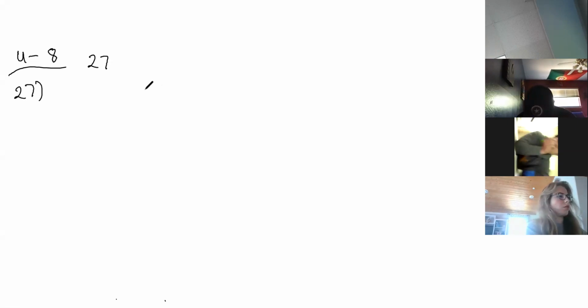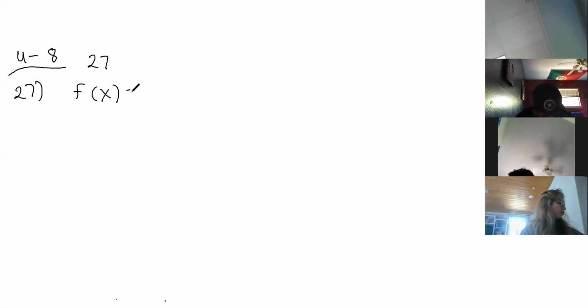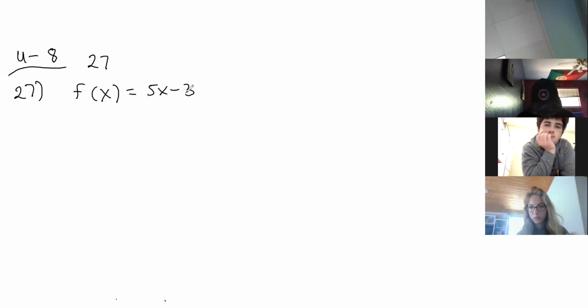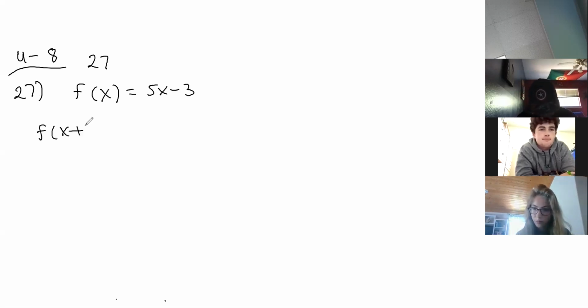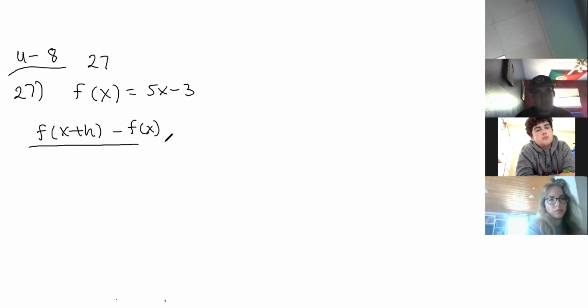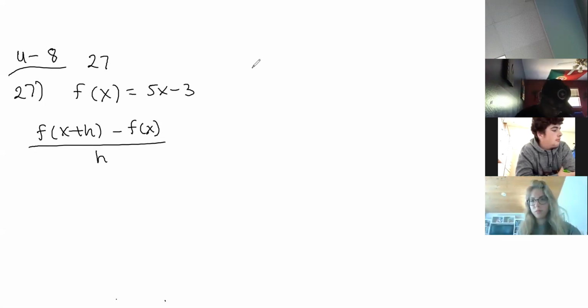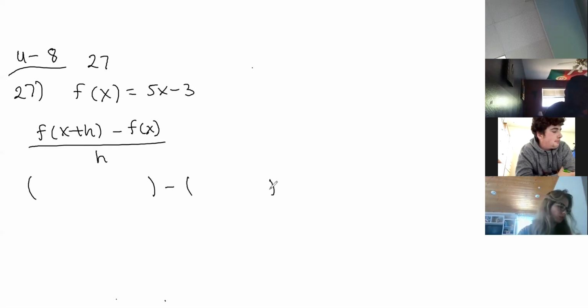That one's using the f of x function, which is 5x minus 3. And they want us to use the difference quotient, which is f of x plus h minus f of x, all over h. Would you guys agree that is correct? Okay, so we're going to do f of x plus h here, minus f of x here.